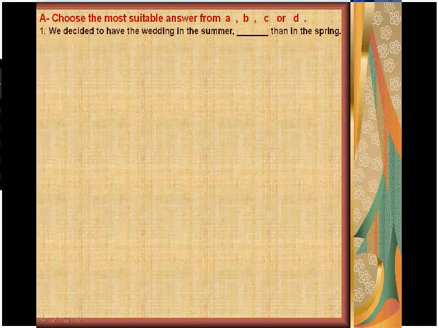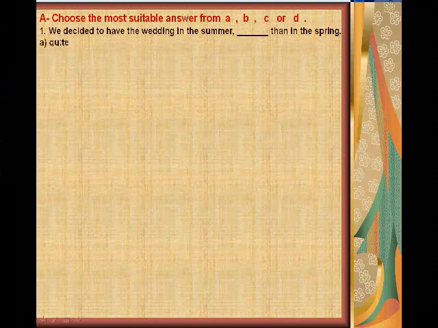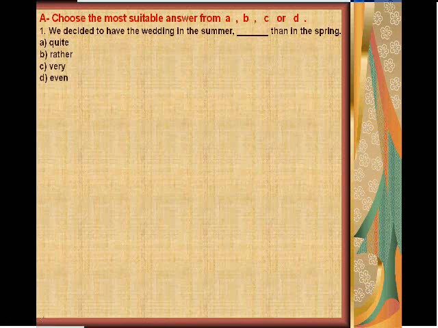Let's look at some other samples on the same question. Choose the most suitable answer from A, B, C or D. Number 1, we decided to have the wedding in the summer than in the spring. A, quite. B, rather. C, very. And D, even. In answering such a question, you try to look for the key word.